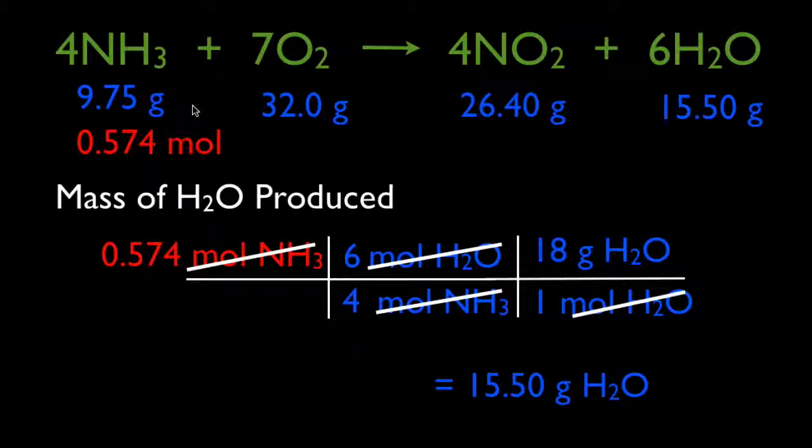Whatever mass you put into the equation, you have to get out. I didn't add these up, but I think I checked it before, and they're close enough. Now, of course, I could have figured out the mass of the water by just adding up the mass of the NH3 and the oxygen, and subtracting the mass of the NO2.